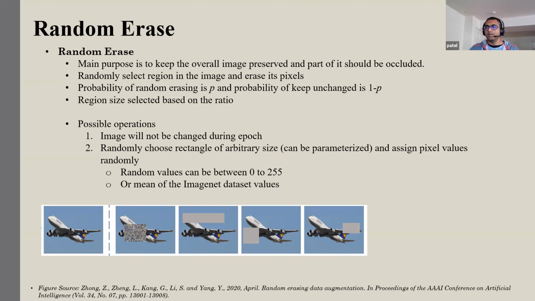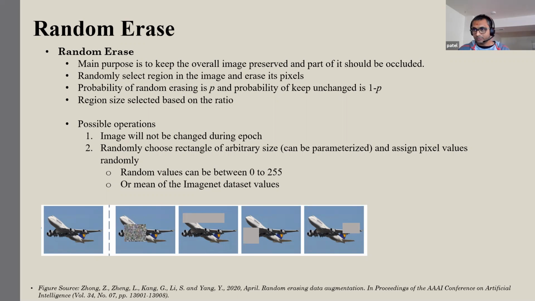Sometimes you can pass in 0s or 1s, and sometimes you can fill it with the mean value of the ImageNet data set, which is the default within the algorithm. And if you want to control it with something else, you can also do that. But again, it's parameter free, that's the main purpose, and you don't need to play around a lot.